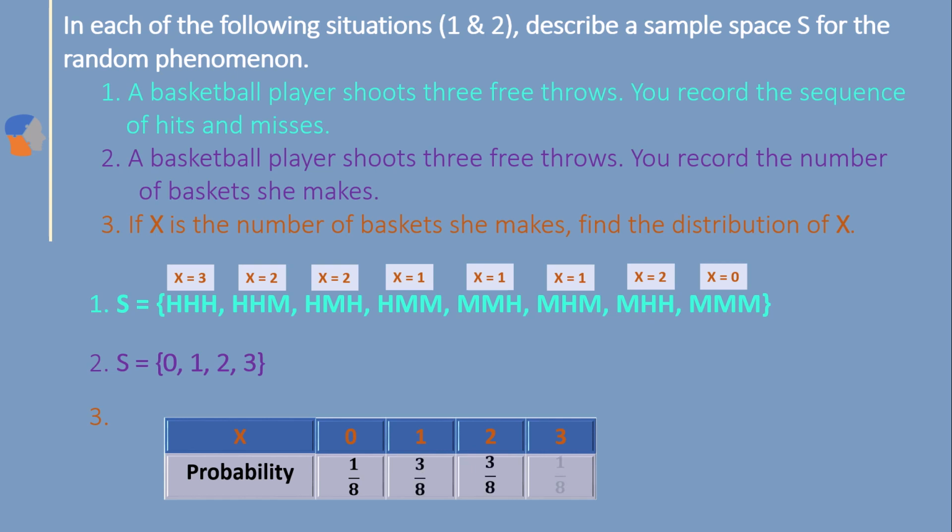Therefore 3 over 8. Similarly, you can fill in the rest of the table. Actually, for the third one, if x is the number of baskets she makes, find the distribution of x. Again, the sample space for this case is 0, 1, 2, 3, but I used the sample space of the first one to understand the x values.